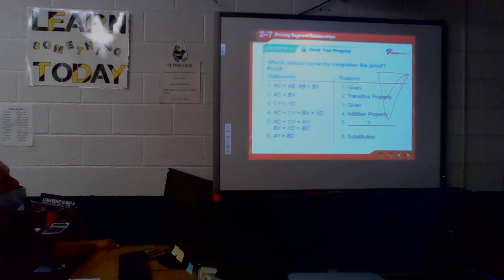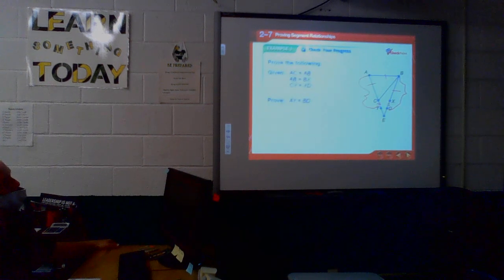So they said that they were equal to each other. Then they went and showed that this piece right here plus the little piece was equal to this piece plus the little piece. Then they went through and said the whole thing, which would have been segment addition postulate. And then last but not least, AY is equal to BD, and again, then I know that I'm at the end.